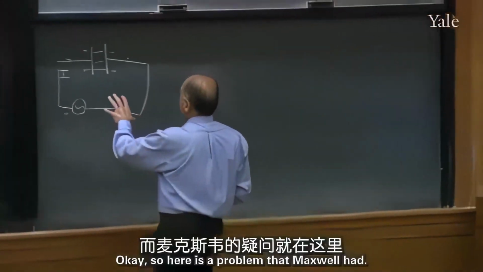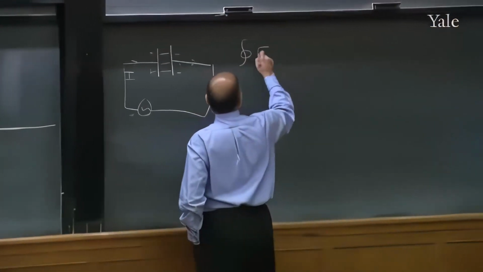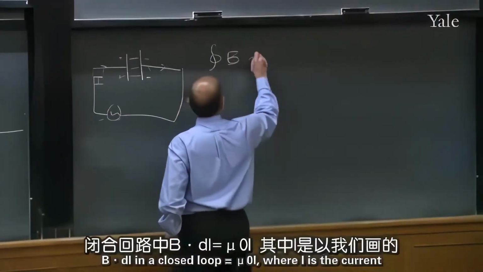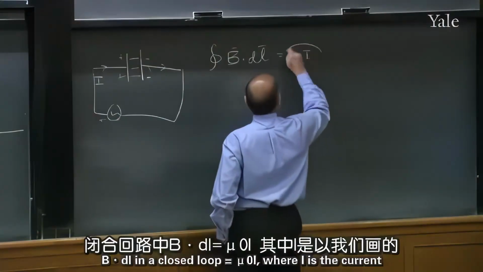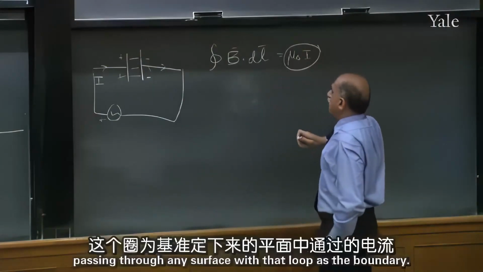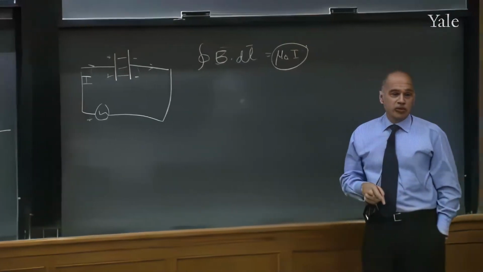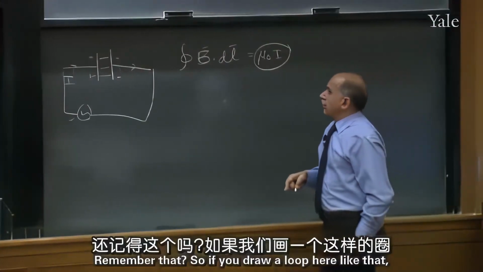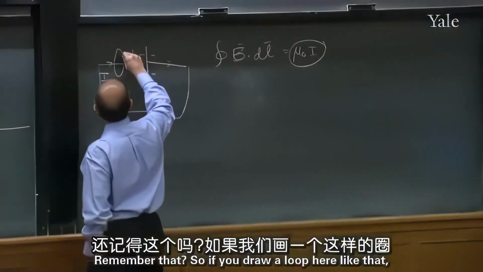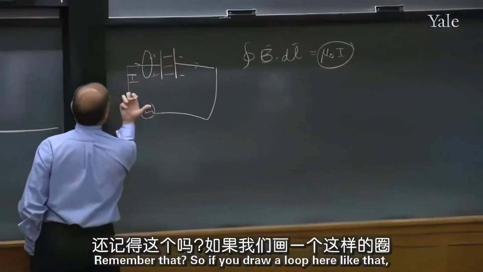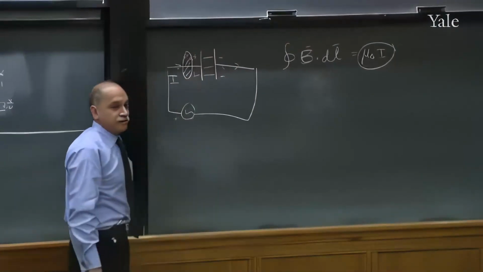Okay, so here is the problem that Maxwell had. He says, let's look at this equation, B dot dl in a closed loop equals mu 0 I, where I is the current passing through any surface with that loop as a boundary. Remember that? So if you draw a loop here, like that, then some current is crossing that shaded surface.